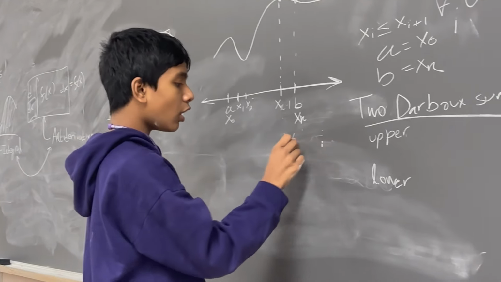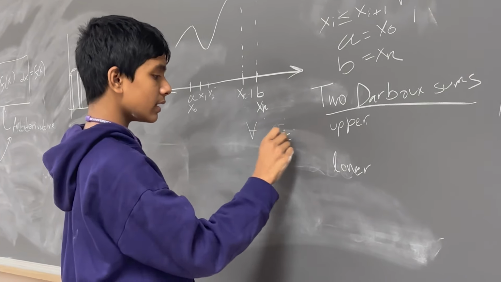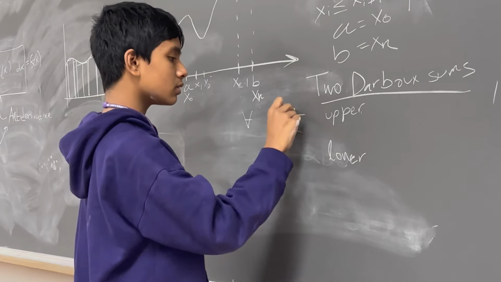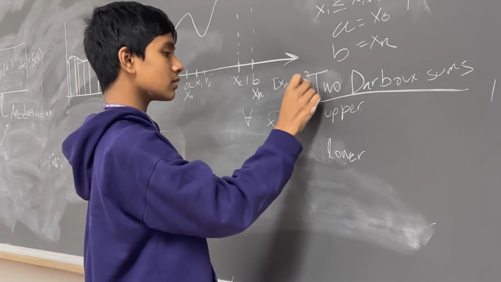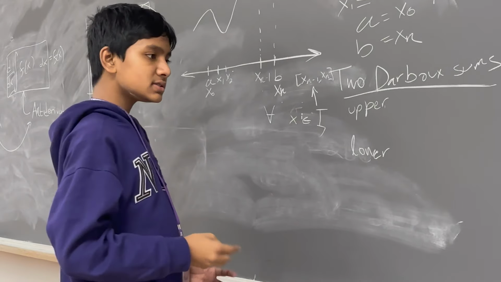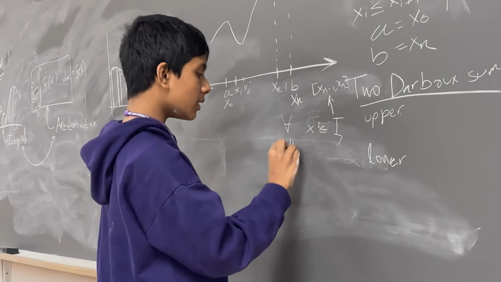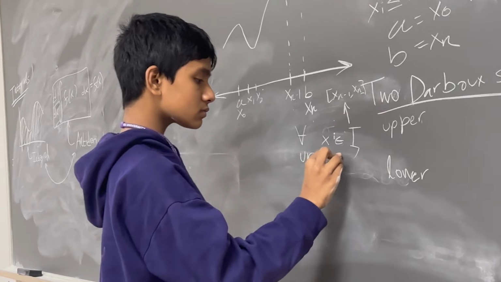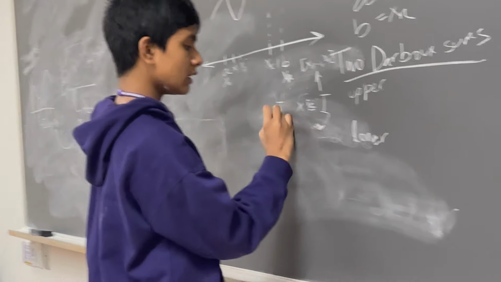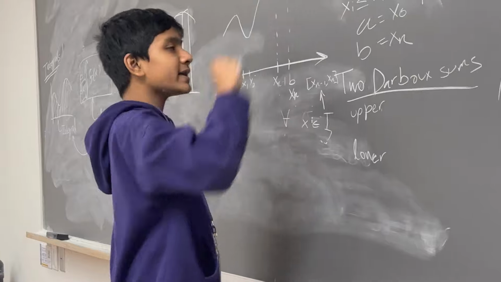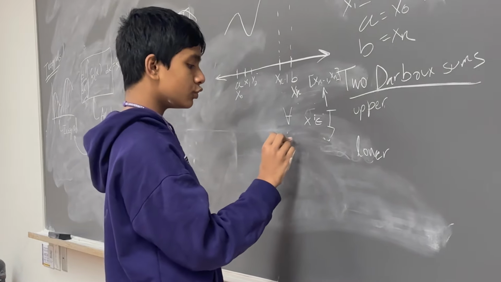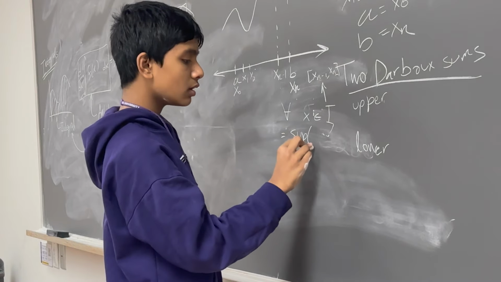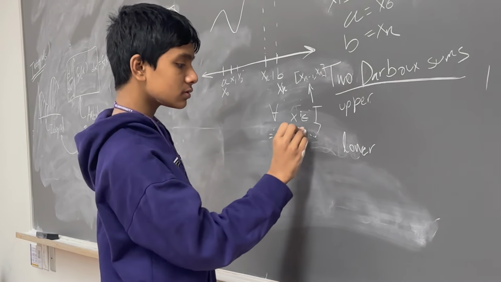So, for all x in the interval from xn minus 1 to xn, this upper sum, the height of one rectangle that's included in this upper sum is equal to the supremum of f over that interval.